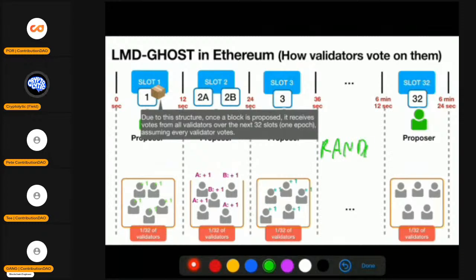RANDAO is a pseudo-random protocol used to randomize which validator is going to propose in which slot. Okay, that means we have nearly 1 million validators, so it's quite hard to be the block proposer.